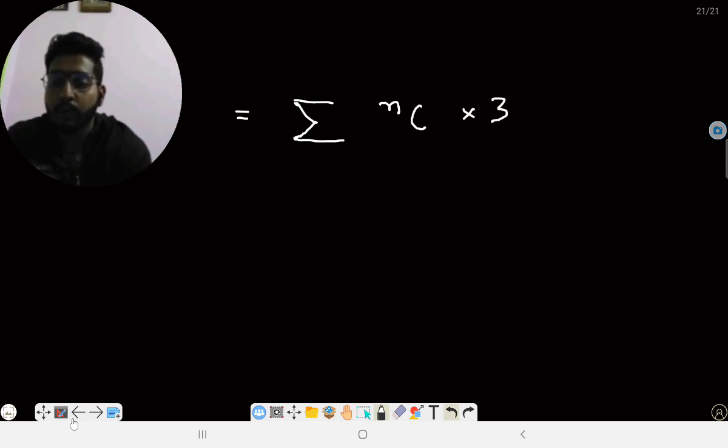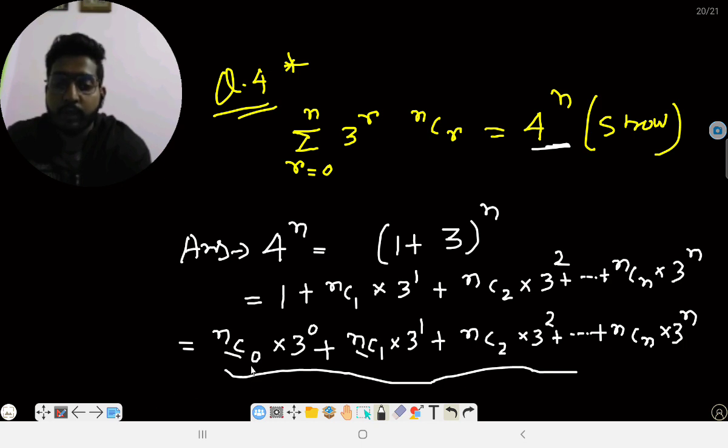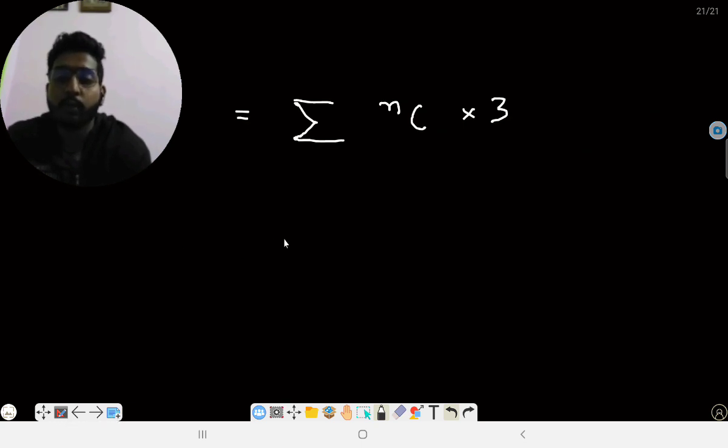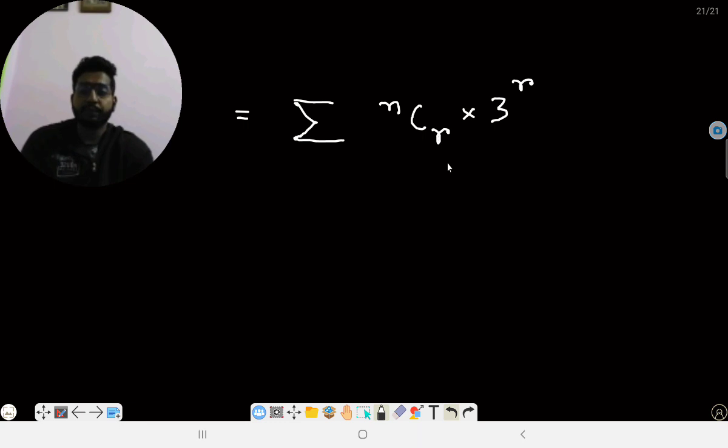Now what is the change here? You can see this nC0 is changing, next time it becomes 1, it becomes 2. And look at the power, the power is also changing: 0, then 1, then 2 and so on. So whatever the change is, take it as r. So the change is here nCr 3 to the power r.